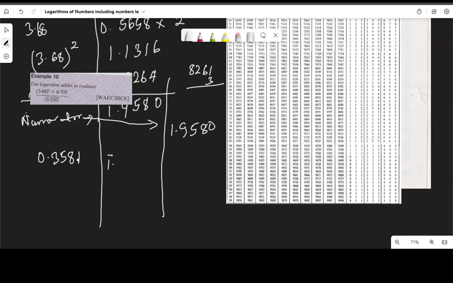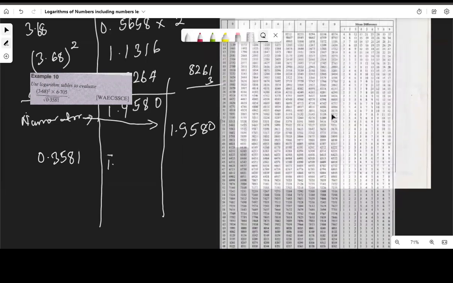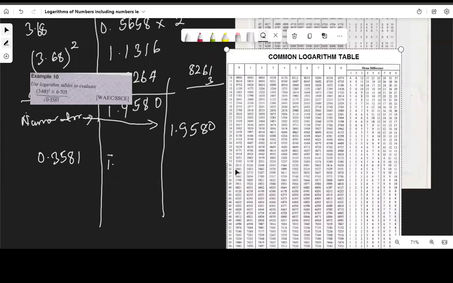Logarithm of 35 under 8, difference of 1. 35 under 8 is 5539. Difference of 1 is 1. If I add 1 there, that's 0, 4. So I have 5540.